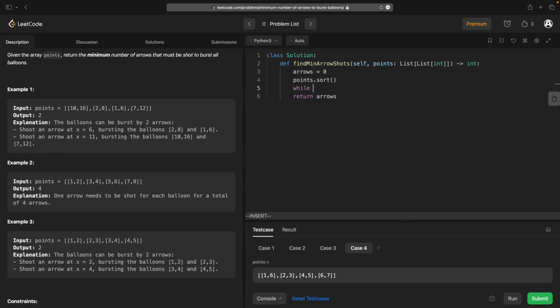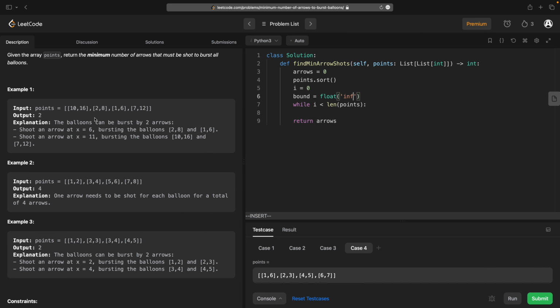While points, in fact, no. While I is less than len points, I equals 0. Bound is going to be float inf.